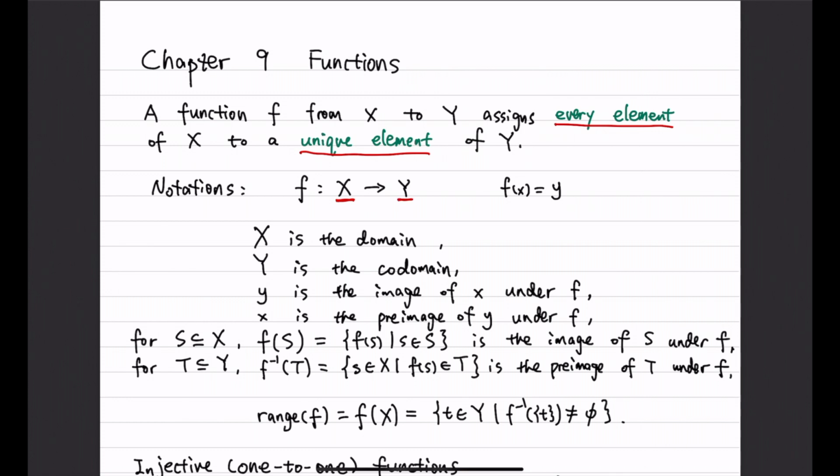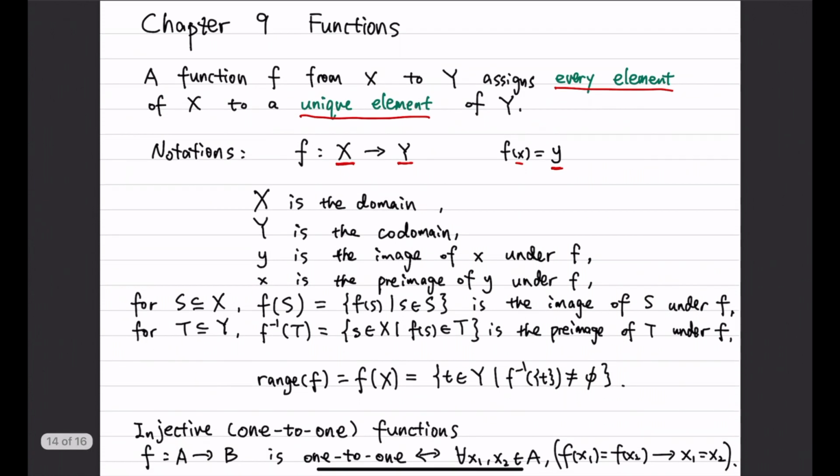The capital Y, which is also a set, is the codomain of the function. The lowercase y here is referred to as the image of x under f, and this lowercase x is referred to as the pre-image of y under f.